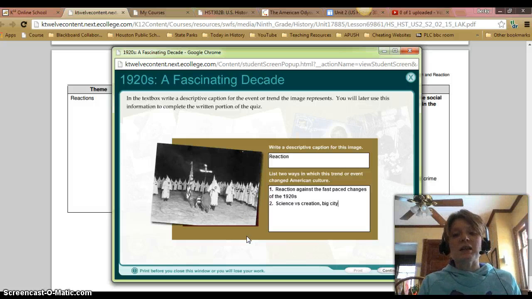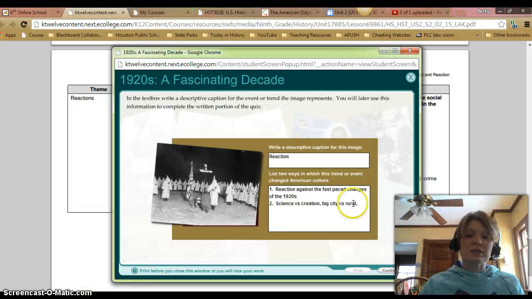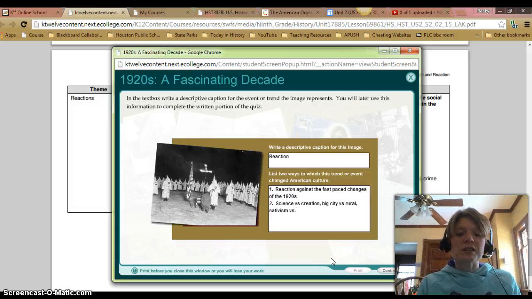Big city versus rural. What else do we have in there? Resurgence of nativism. Nativism versus diversity.